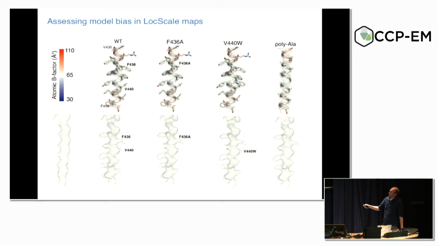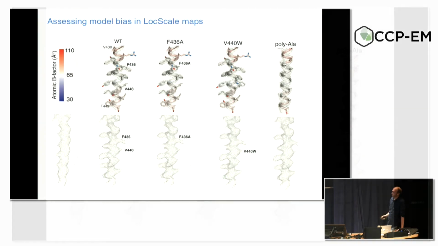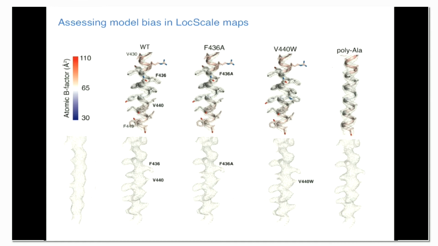And what you see here is a stretch of that helix with the wild type sequence assigned to it. And you see the B factor plotted onto the backbone of that structure. It's a residue average B factor. And what you see underneath always is the result that we obtain if we use this as a reference map to basically sharpen our original reconstruction.